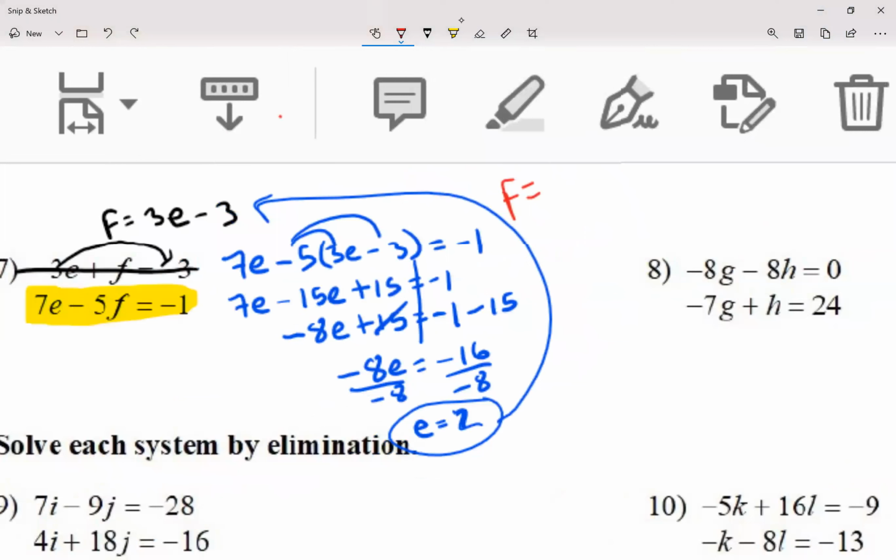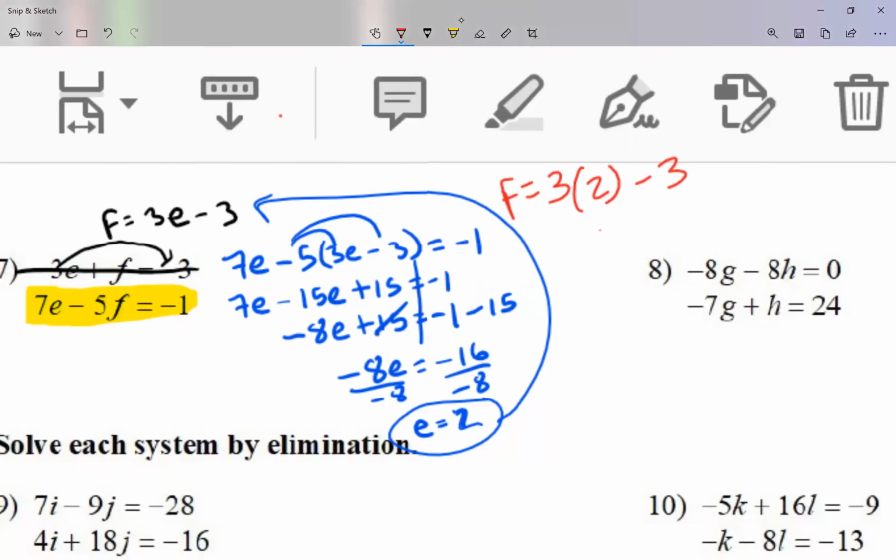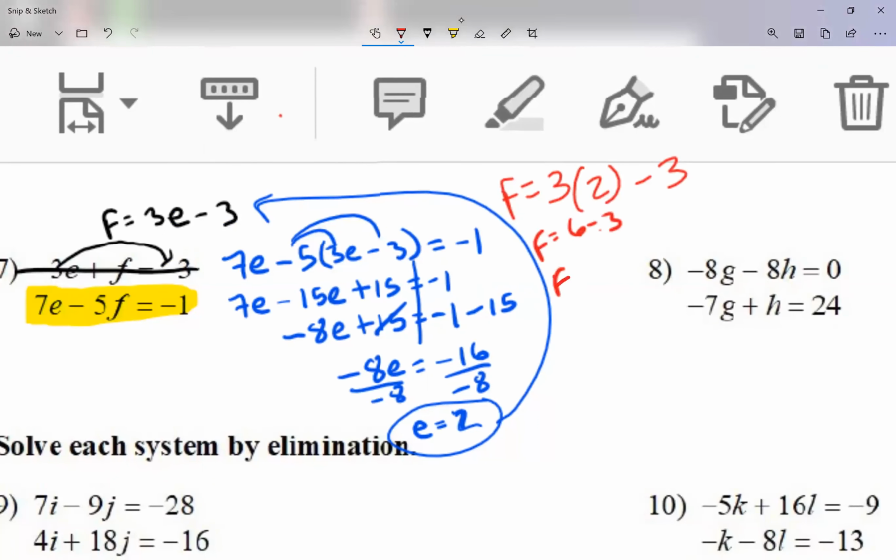So I'm going to write this as 3, but instead of e, I'm using 2, minus 3. Notice I went 3e minus 3, but instead of e, I wrote 2 because I know the value of e. So I have that f equals 6 minus 3. So I'm just going to say f is equal to 3.